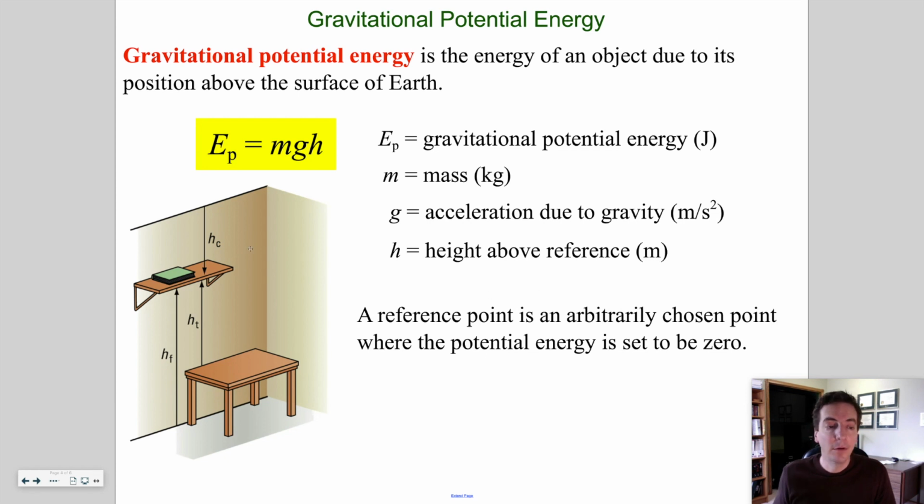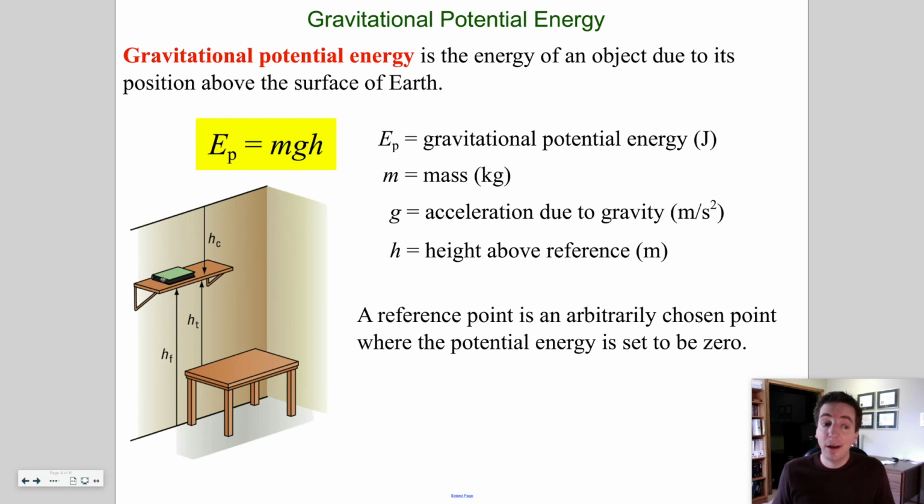So for example, here's a picture from your textbook of a textbook sitting on a shelf. If you choose, for example, the height to measure the potential energy with respect to the floor, mgh, you'd use height above the floor. If you choose your reference point to be the tabletop, it would be height above the tabletop. So with respect to the tabletop, it's got less potential energy than it is with respect to the floor.